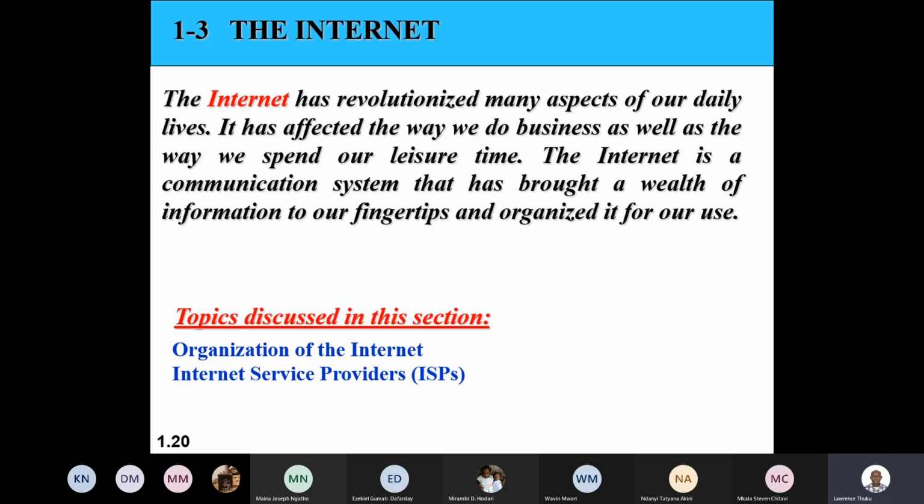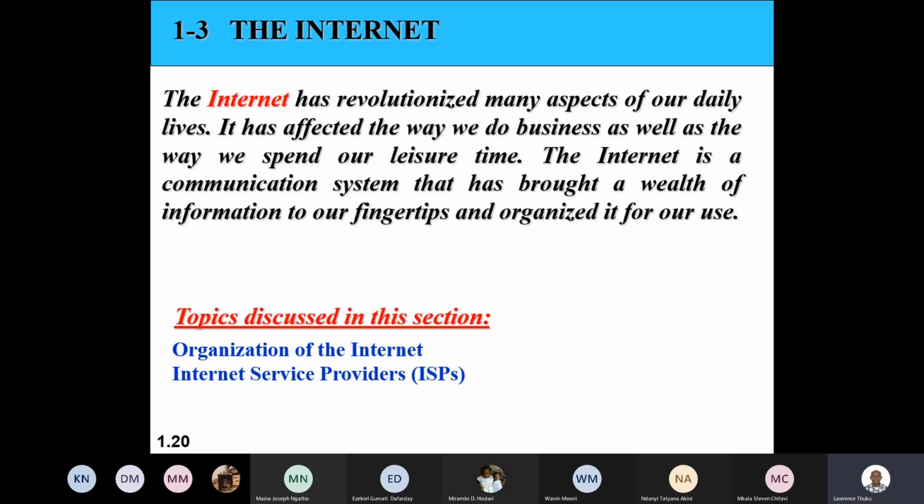If you look at the internet, I normally look at it as more of a physical infrastructure, which combines several wide area networks together to provide that connectivity. And of course, you look at it as a communication system, and that communication system is meant to provide even more services which are not being provided by other environments.